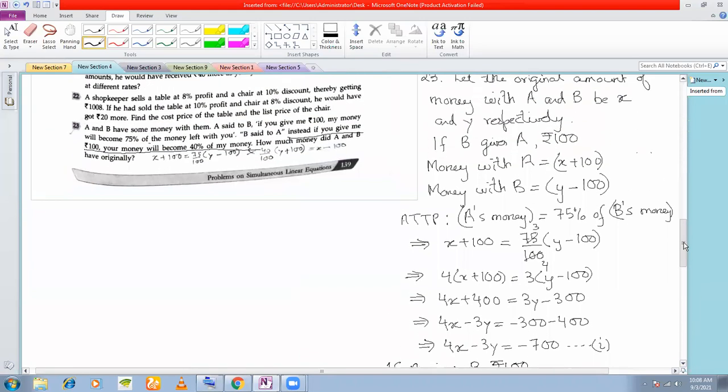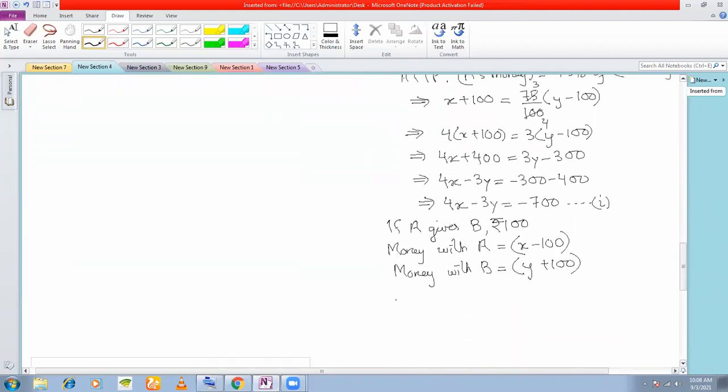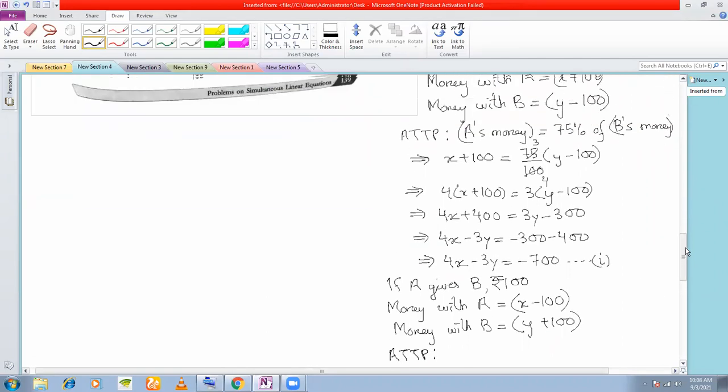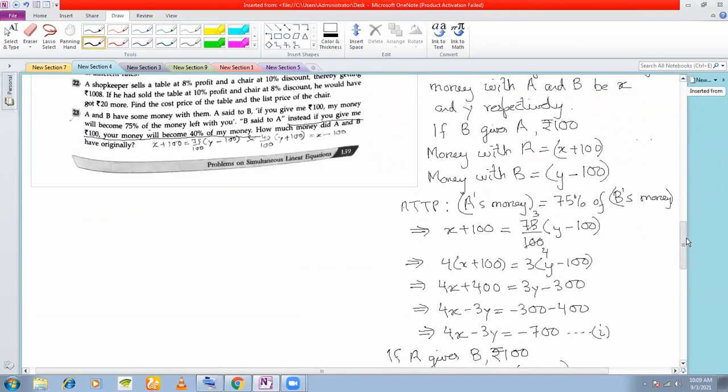Now, what is he saying? So instead, if you give me rupees 100, your money means A's money, because B is talking to A. So A's money will become 40% of my money. That means B's money, right? So according to the problem, your money will become 40% of my money.